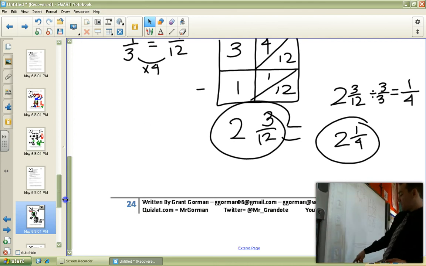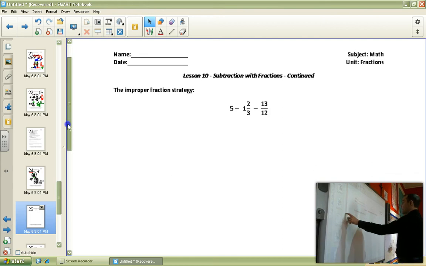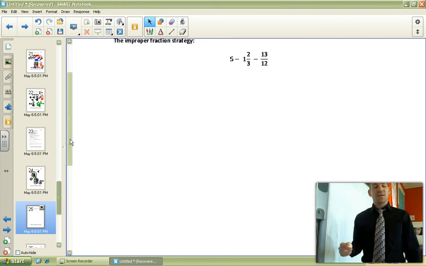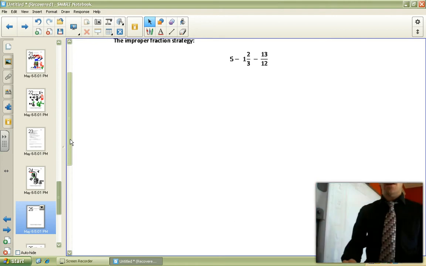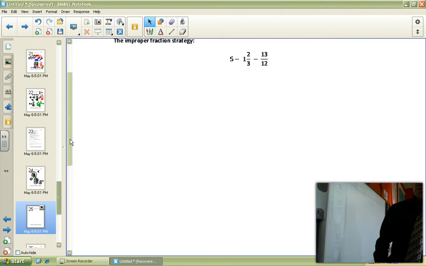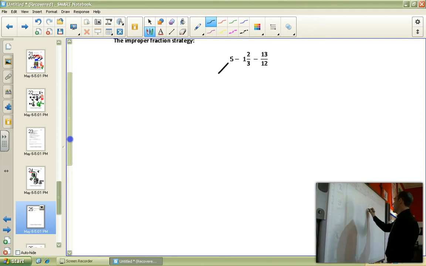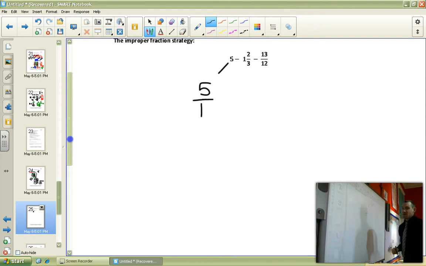The next way we're going to look at is the improper fraction strategy. Okay, so we have the exact same problem up here, but now instead of using mixed numbers, I want to use improper fractions. Okay, in improper fractions, first thing we're going to need to do is write everything as an improper fraction. So our 5 is going to become a 5/1.